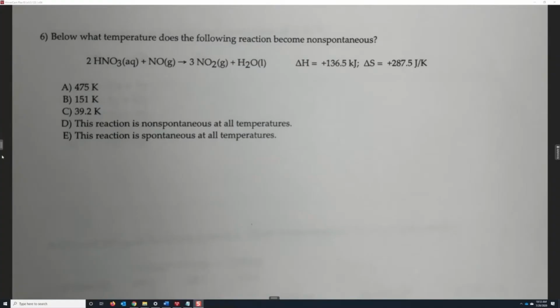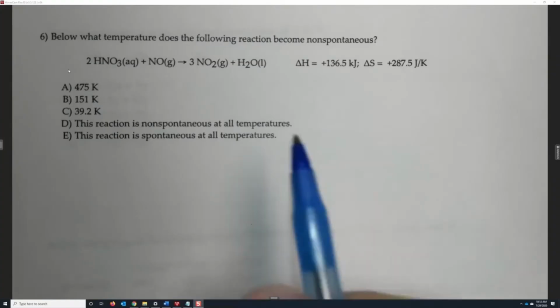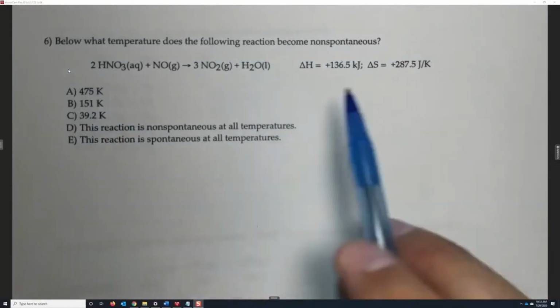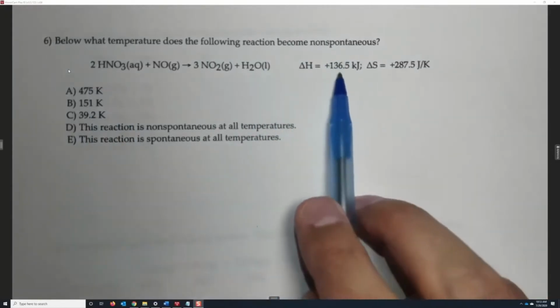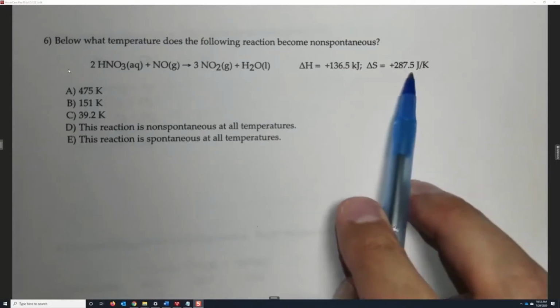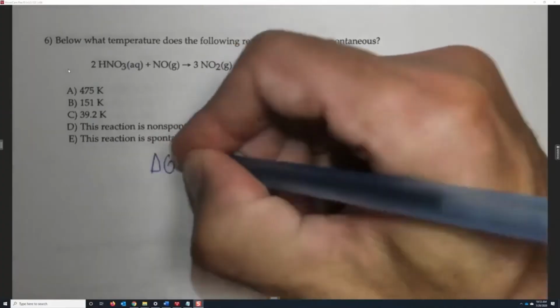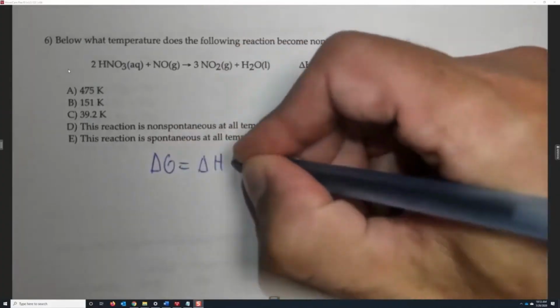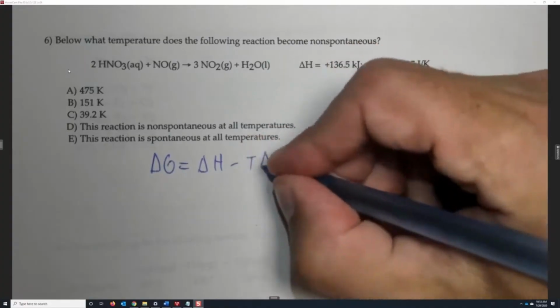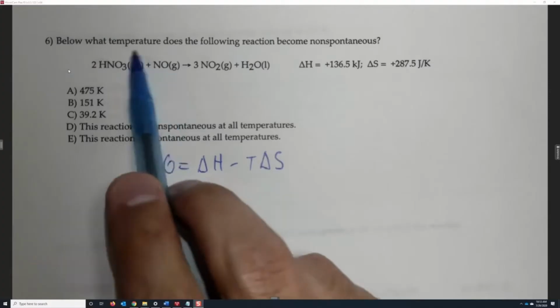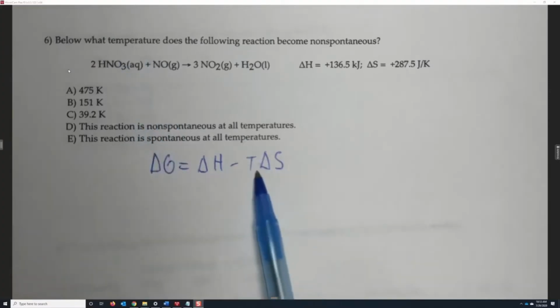Question number 6 says, below what temperature does the reaction become non-spontaneous? We're given the reaction, the value of delta H, and the value of delta S. What we need to remember is that delta G equals delta H minus T delta S. In this question, it's asking us for temperature, so T is the variable.